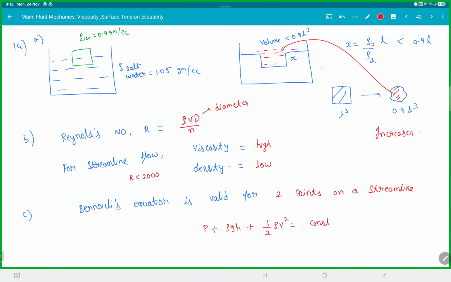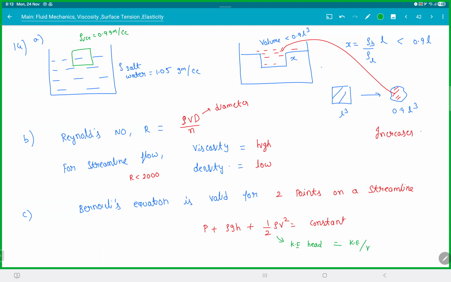Anyone remembers what rho GH is called? There's a name for this thing. They call it pressure head. That is work done by pressure per unit volume. Rho GH is potential energy per unit volume. It's potential energy head. This is called kinetic energy head, kinetic energy per unit volume. This can be asked in units and dimensions.